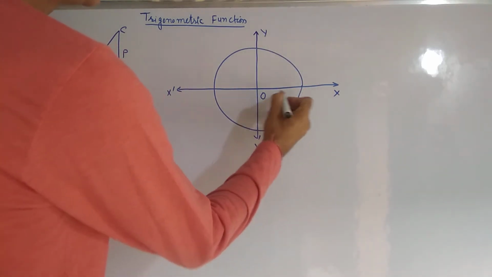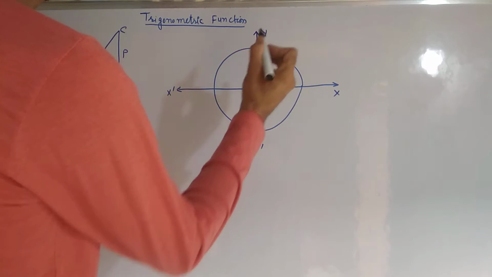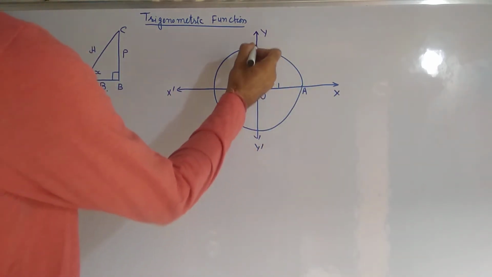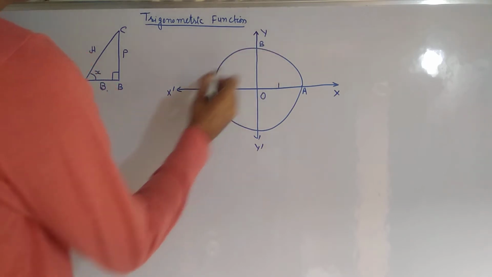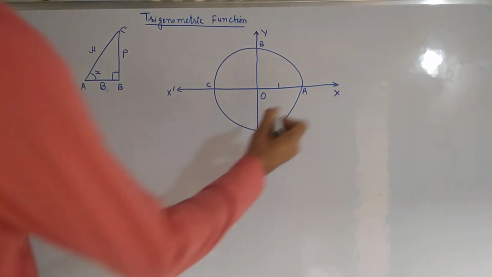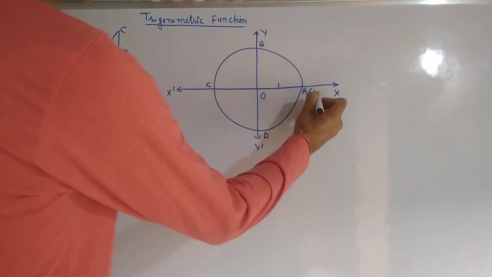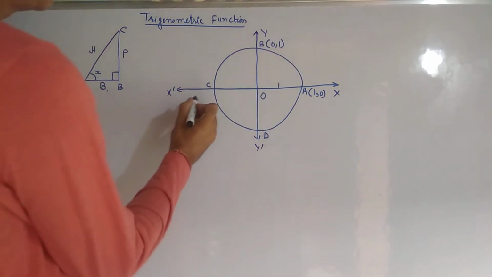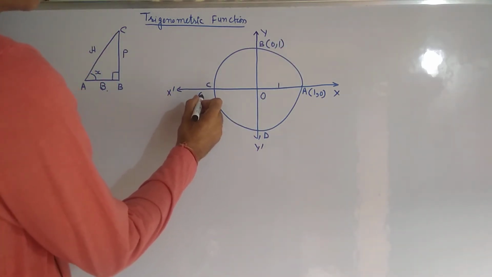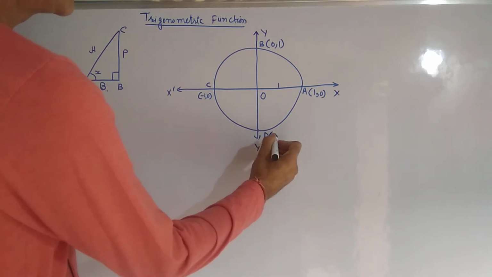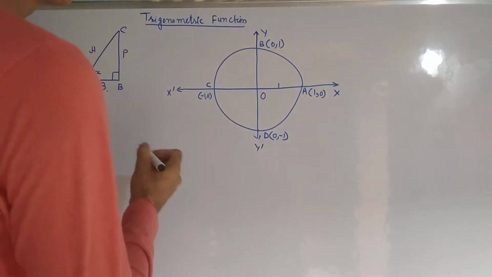Unit circle means the radius is 1. Let the unit circle intersect the axes at A, B, C and D, where the coordinates of A are 1, 0, of B are 0, 1, of C are -1, 0, and of D are 0, -1.